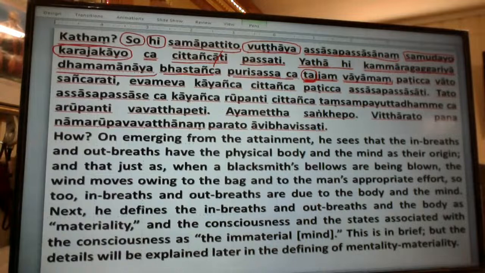Vayama is effort. Yes, that person needs to make effort, isn't it? Not automatically. This is manual, not a machine. The blowing is not done with a motor. At the Buddha's time, that person needed to make continuous effort, isn't it? That is the meaning here: Purisasa Tajang Vayamanja.